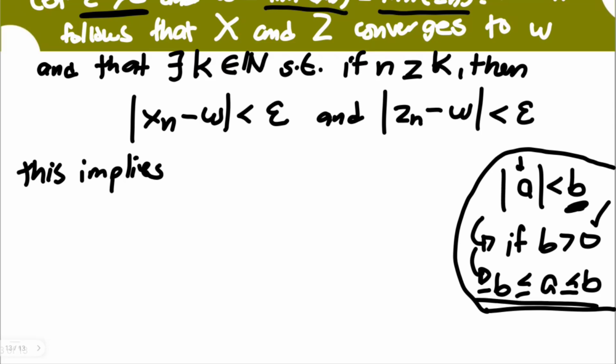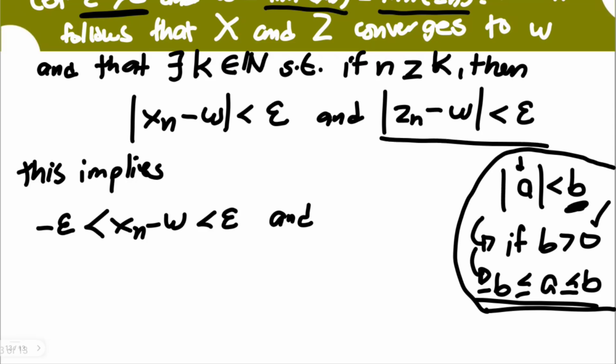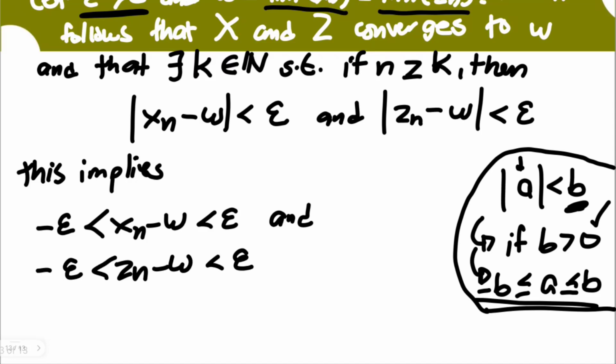We start with x sub n minus w: taking the inside of the absolute value notation, it is greater than the negative of epsilon but less than epsilon, and likewise z sub n minus w is greater than negative epsilon but less than epsilon, using this definition.